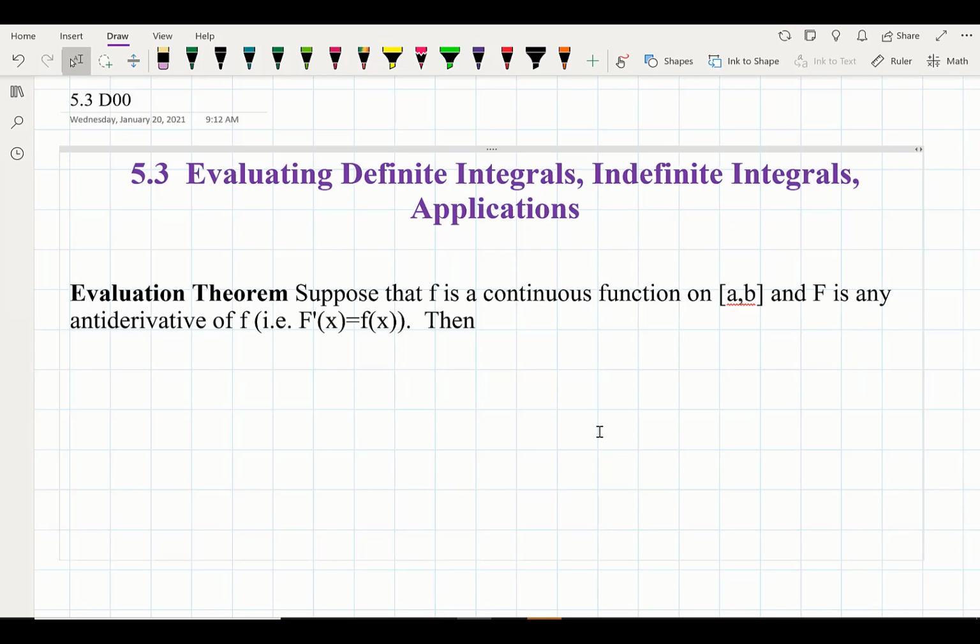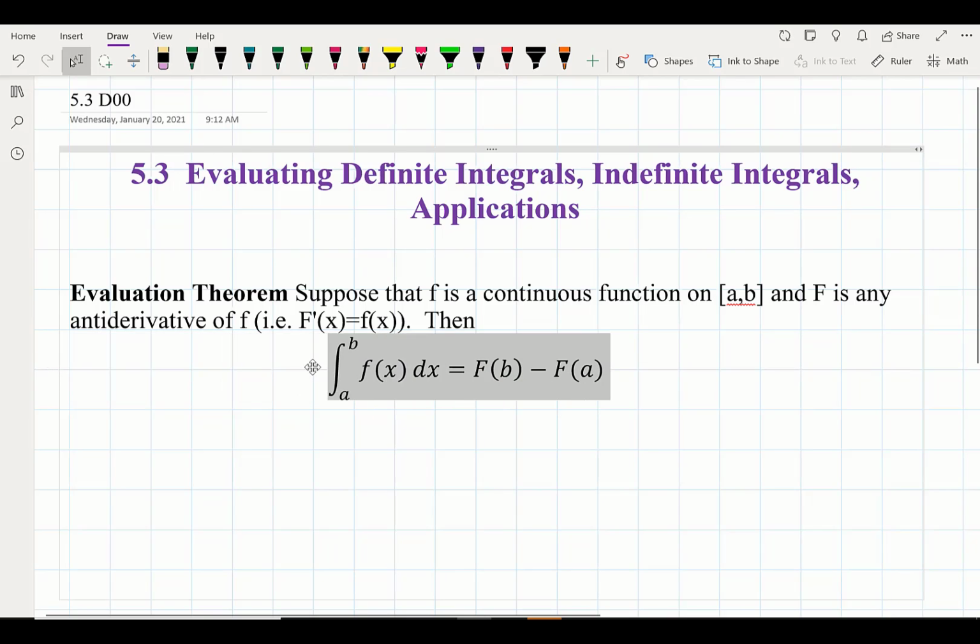Then we have the following formula for the definite integral of little f. The definite integral from a to b of f of x dx is equal to capital F at b minus capital F at a.